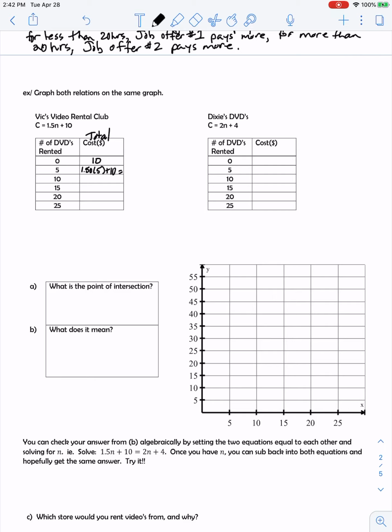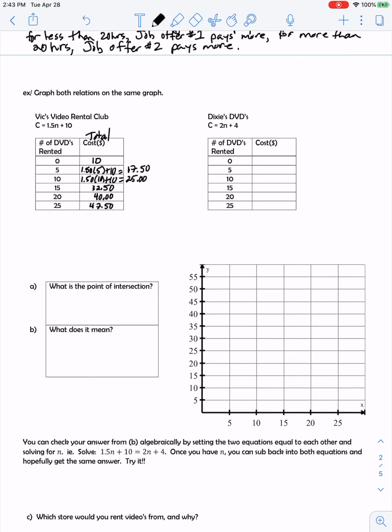So $1.50 times 5, that's $7.50, plus another $10, that's going to be $17.50. And now for Vic's, if I rent 10 videos, so $1.50 times 10, that's $15, plus $10, that's going to be $25. And you can check for yourself, but this one's going to be $32.50. And the next one is going to be $40. And the next one is going to be $47.50.